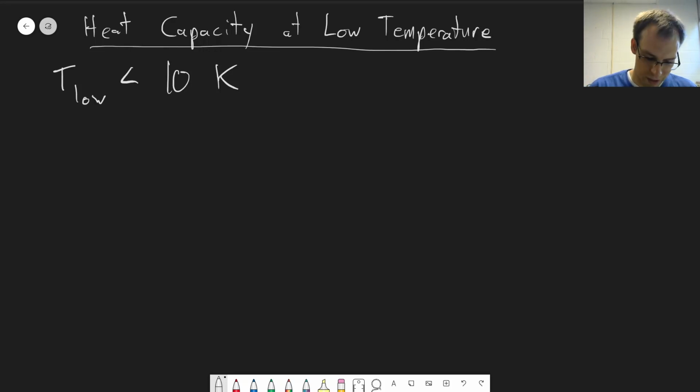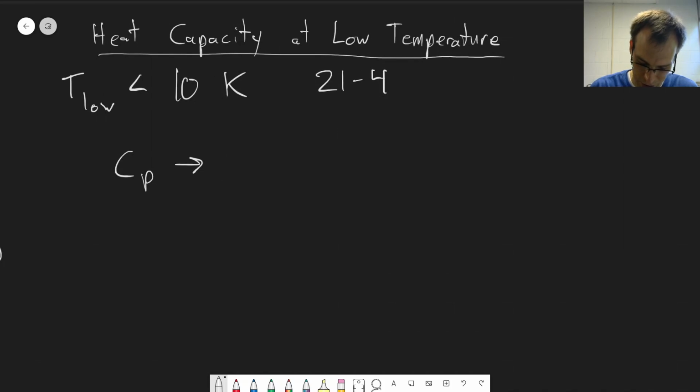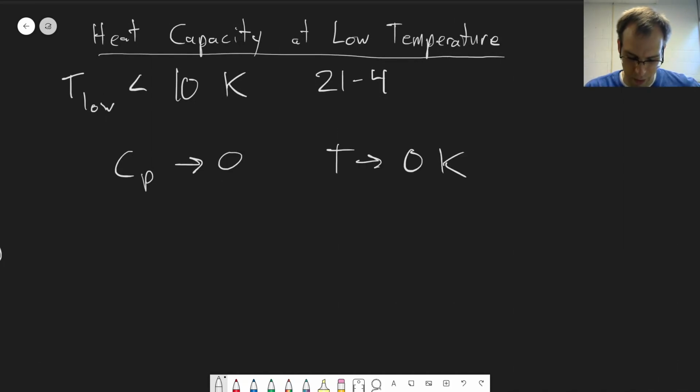If you look at section 21-4 in your textbook, it goes over this. There is a theoretical framework to state that the heat capacity of a solid approaches zero as the temperature approaches 0 Kelvin.